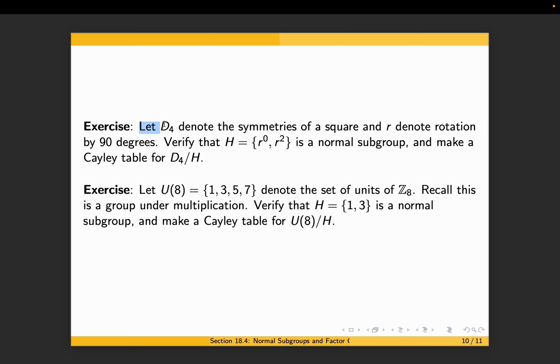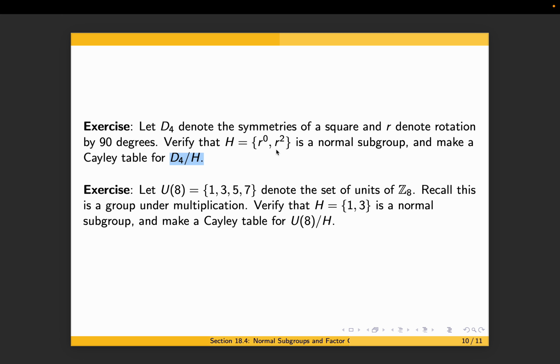Okay, what are we going to do? We're going to think about a quotient group of D4. These are symmetries of a square. There are 8 of those: 4 rotations, 4 reflections. Let R denote the rotation by 90. So I want you to verify that this subgroup is normal and then think about what D4 mod H is.